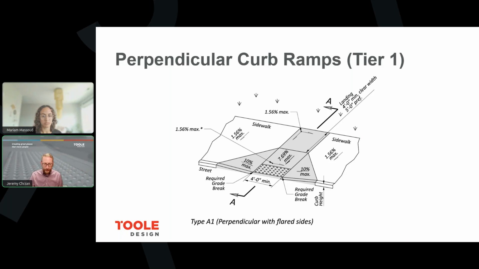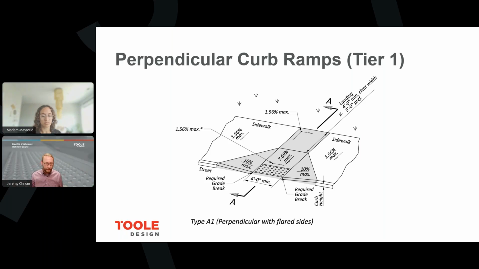ODOT does have guidance in the multimodal design guide talking about whether a perpendicular style ramp or a directional ramp, which we'll discuss in a moment, should be considered. And that relates to the orientation of the perpendicular style ramp to the orientation of the crosswalk alignment.